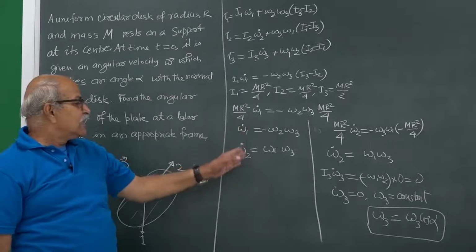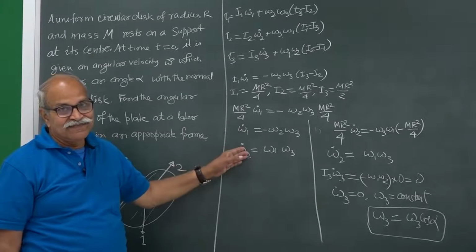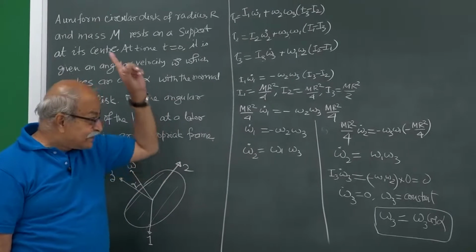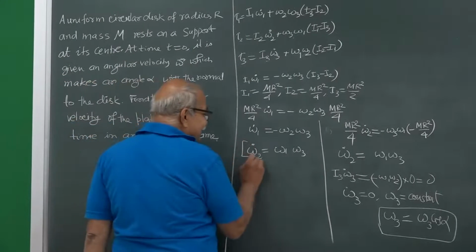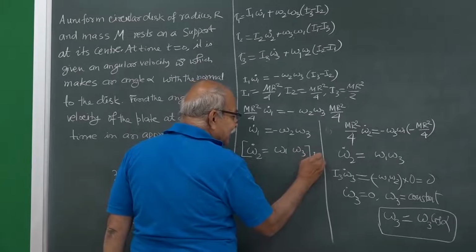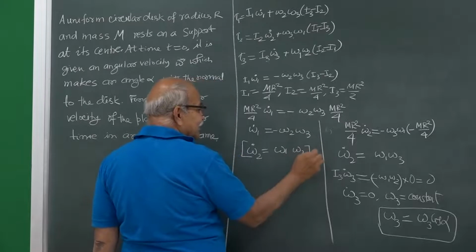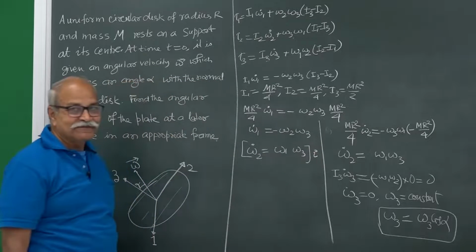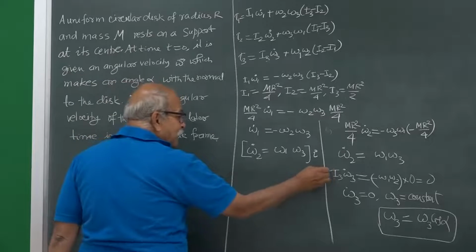Look at omega 1 and omega 2, and let me use that same technique I had done earlier: multiply it by i, where i is square root of minus 1, and add.